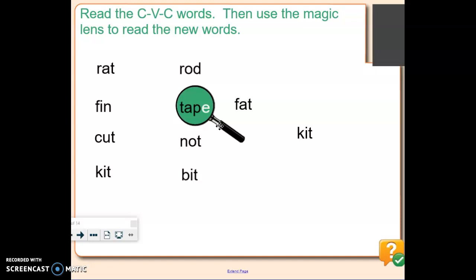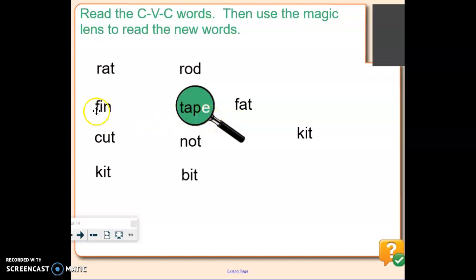Let's see if I got the same thing as you. Remember, silent E, it makes no sound. It changes A. Instead of saying ah, now it's going to say A. Tape. Is that what you got?